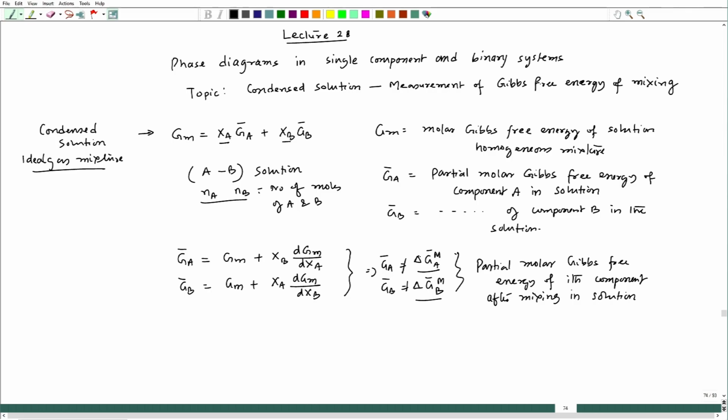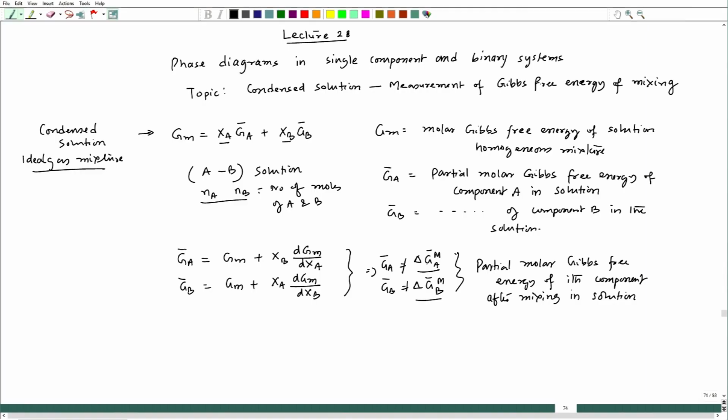When we mix multiple components to form a solution, for each individual component we find the difference of free energy, the free energy after mixing minus the free energy before mixing of that particular component.